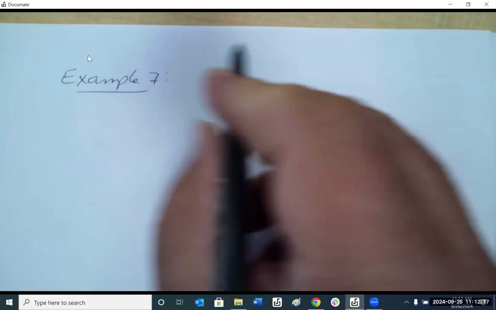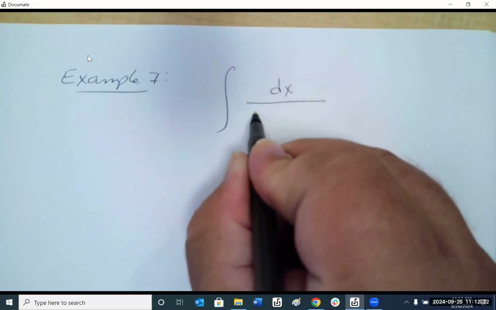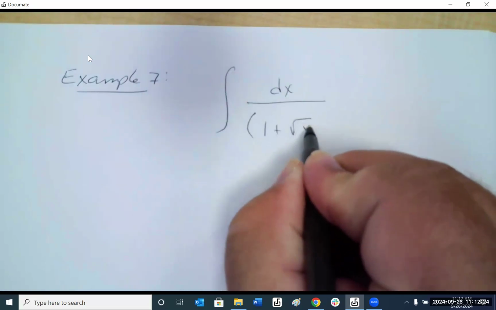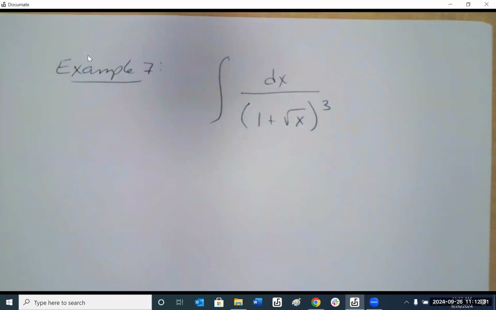All right. Example 7. Now, the first 6 examples had a specific reason we could do them. This example follows the logic of do what you have to.